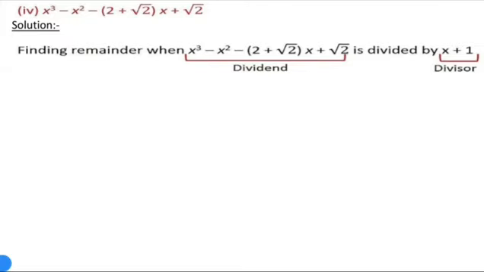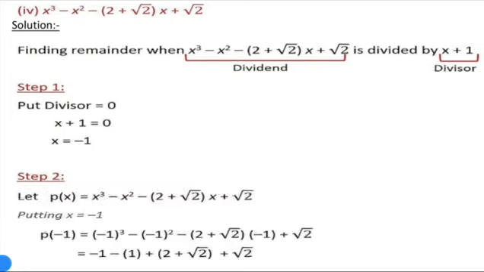Now in step 1 we are going to put divisor equals 0 such that x plus 1 equals 0. We get the value of x equals minus 1. In the next step we are going to put the value of x in the dividend such that we get P of x equals x cube minus x square minus of 2 plus root 2 x plus root 2.